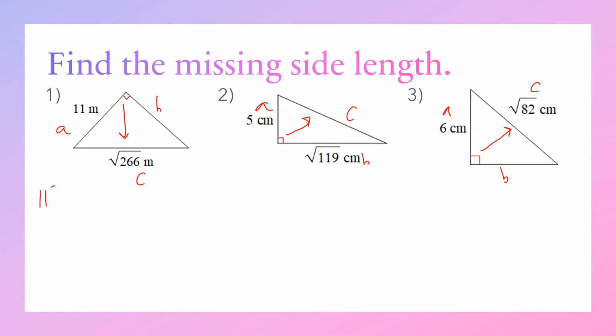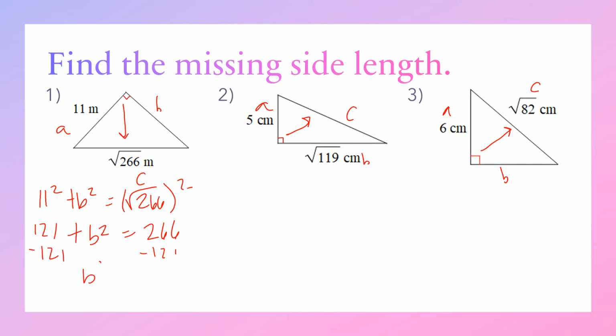So I have 11 squared plus B squared equals the square root of 266 squared. 11 squared is 121. The square root of 266 squared is just 266, and I will subtract 121 from both sides.